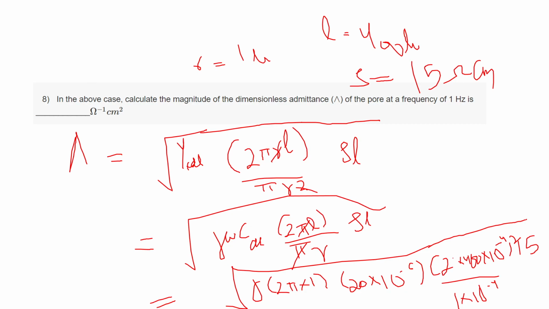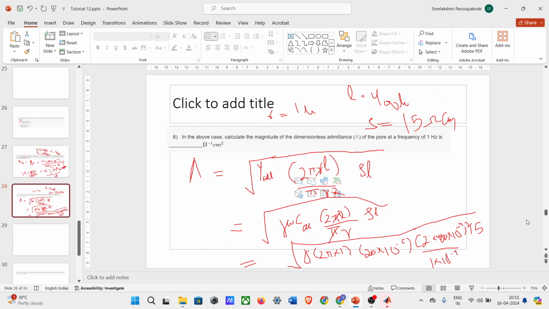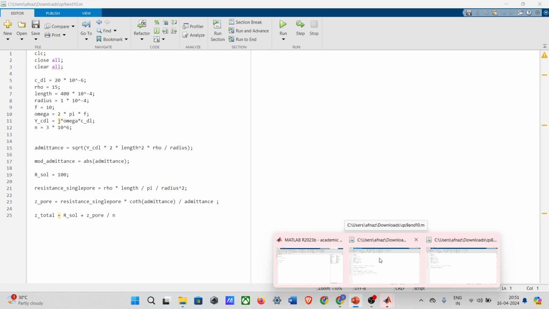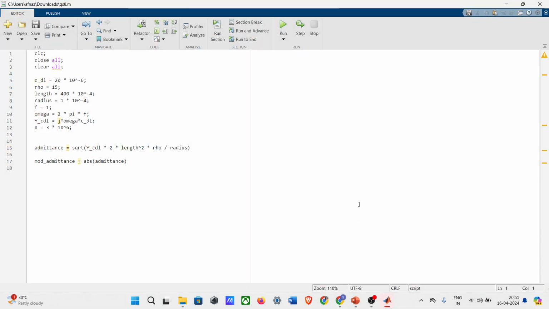Anyone, how did you solve for the assignment? You can either solve it in a calculator, where you do the root and you'll get it. What I did is I did it in MATLAB, for my easiness.